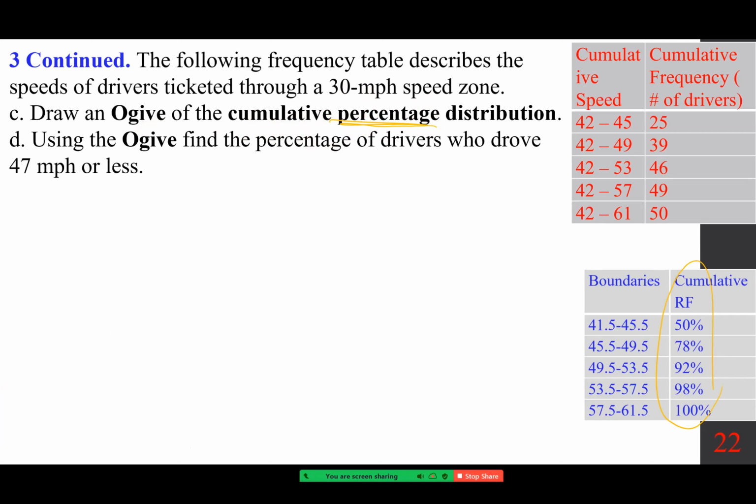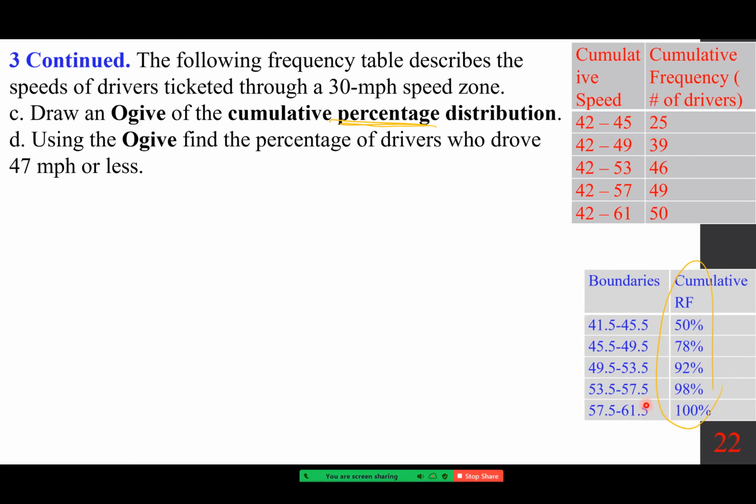So what happens is that along the x-axis, we will have the boundaries. The lowest boundary is 41.5, the highest is 61.5, and we go from 41.5 to 45.5 to 49.5, all the way to the last one.